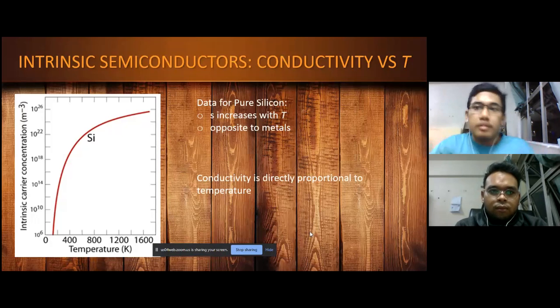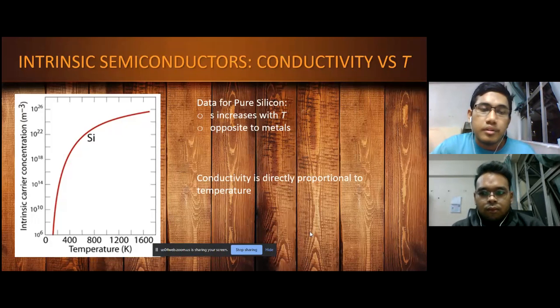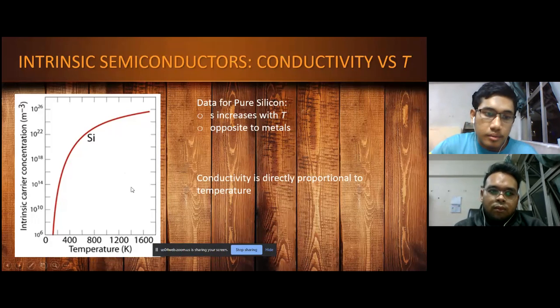Okay, next is the intrinsic semiconductor. So as we can see here, this is the graph of conductivity versus temperature. The data for pure silicon increases with T, the concentration, and it is opposite to the metal.